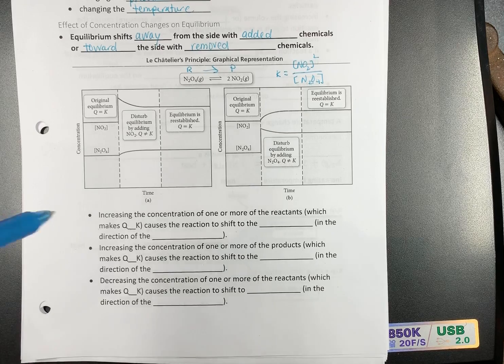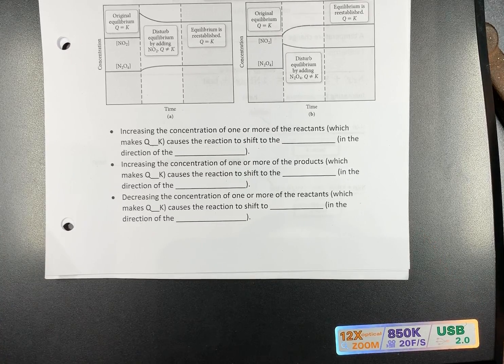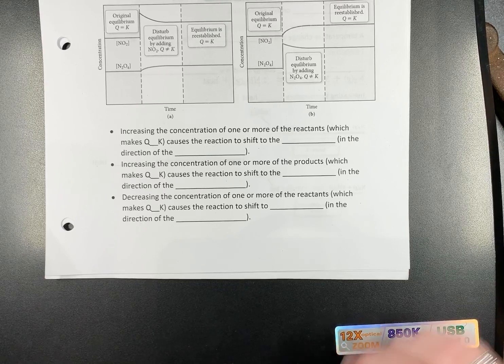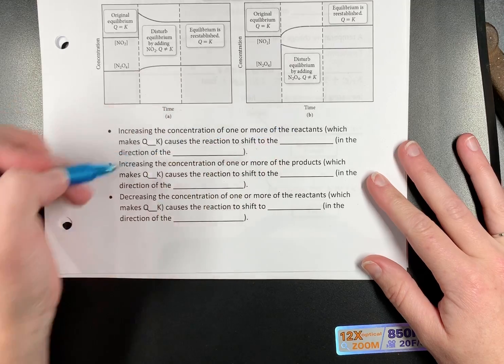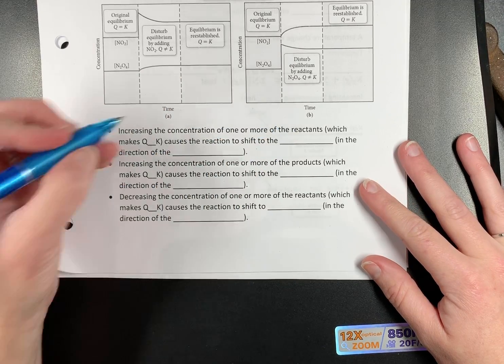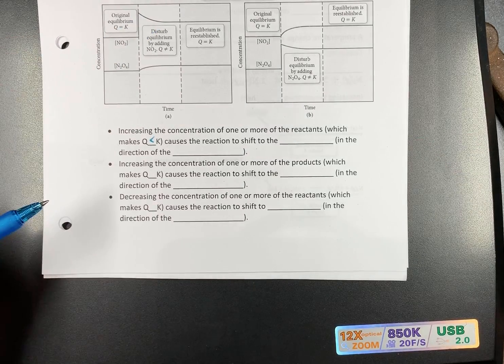But if you like the graph, go for it. So here, if you would rather just memorize a list, here it is for you. If you increase the concentration of 1 or more of the reactants, that means Q is less than K, which is what I just said.